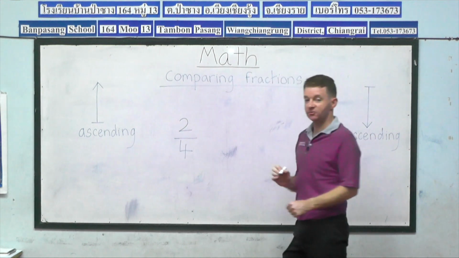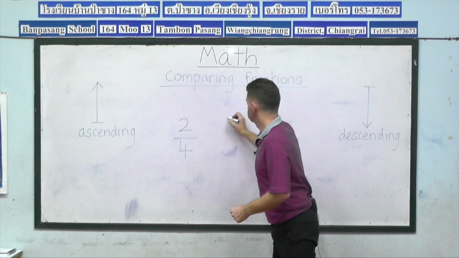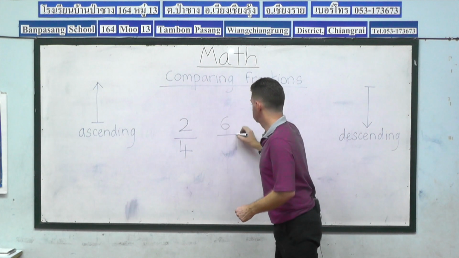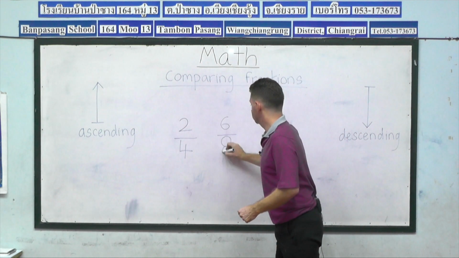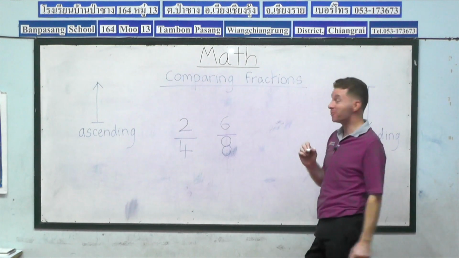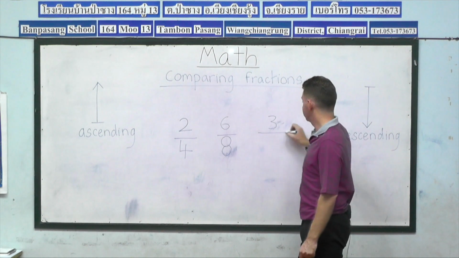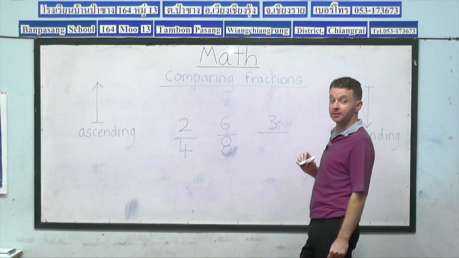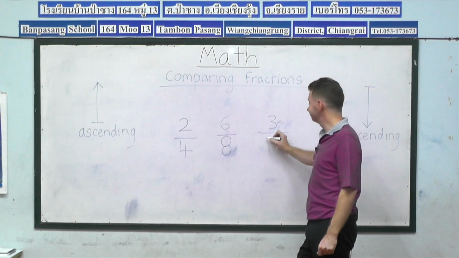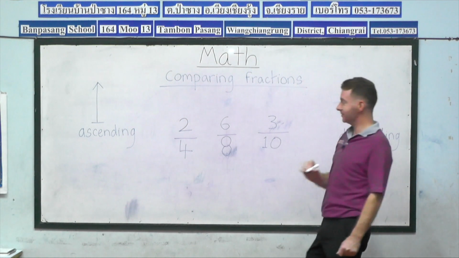So our first fraction, 2 over 4. 6 over 8, well guessed on the 8. And then we need one more fraction. Let's have 3 over, no, 10.